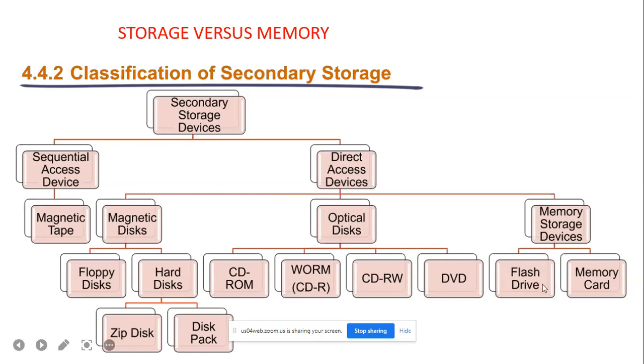So this node diagram shows the classification of our secondary storage. Now, can you see my cursor? The secondary storage can be a direct access device or a sequential access device. For your direct access device, you have the optical disks, the memory storage device, and the magnetic disks. And for your sequential access, you just have the magnetic tape.